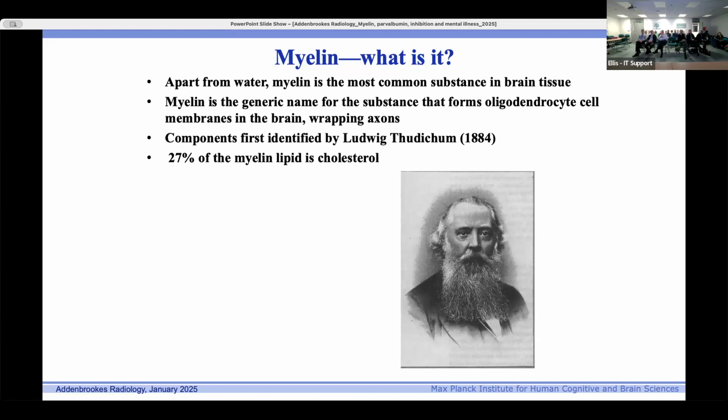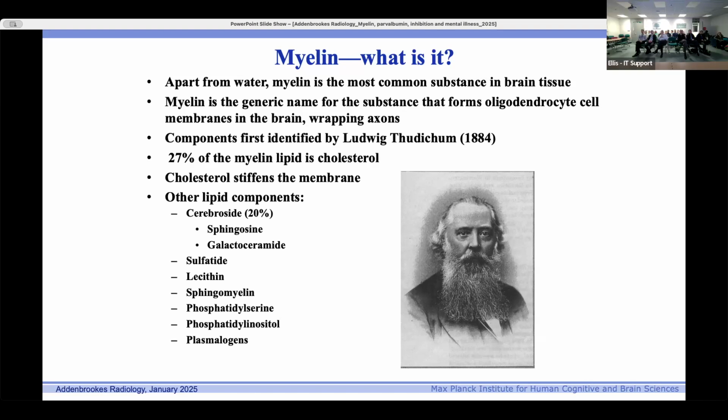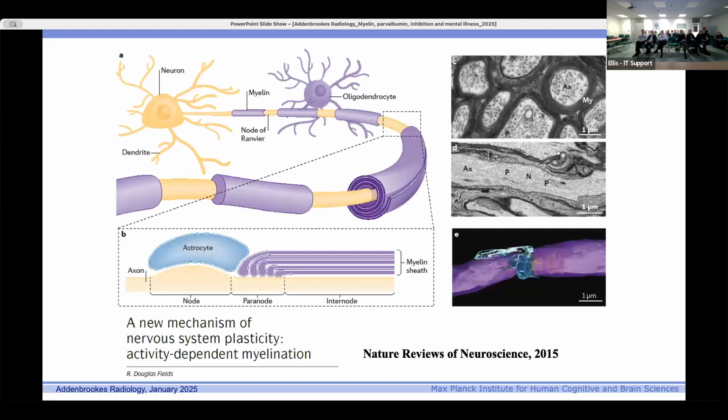And it's quite striking that about 27% of the myelin lipid is actually cholesterol. Now, you might be surprised to know how much cholesterol we actually need. It stiffens the membrane. And then there's all these others. He gave the name to several of these components. He invented the names like sphingosine and so on. These are the membrane proteins.